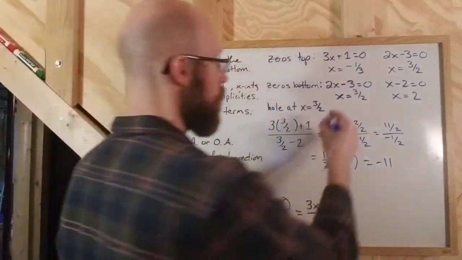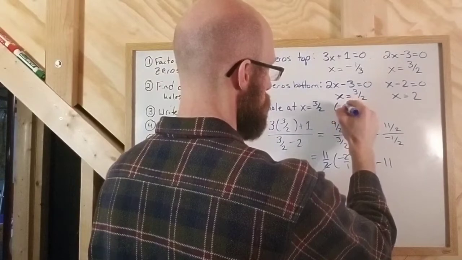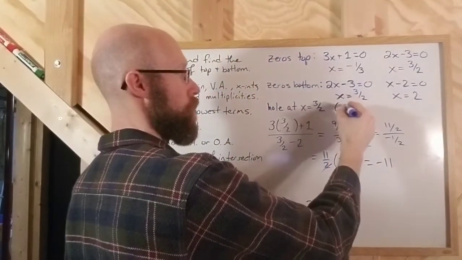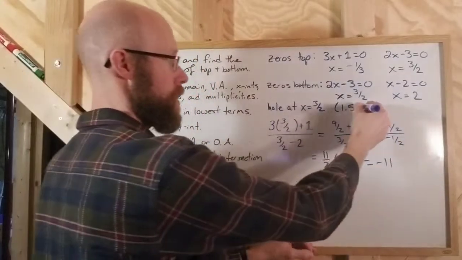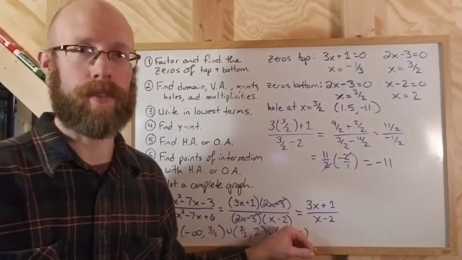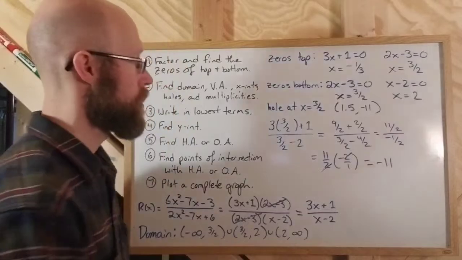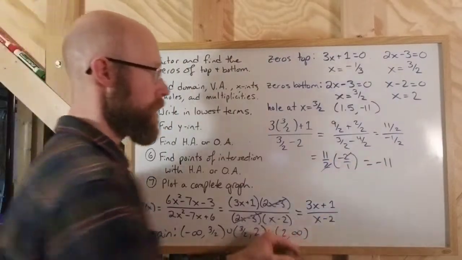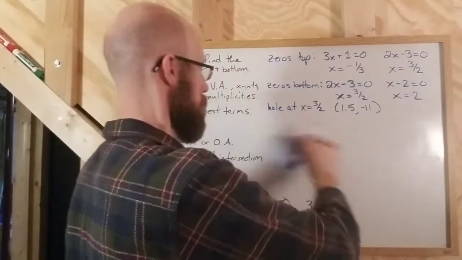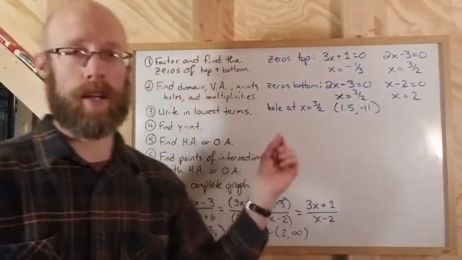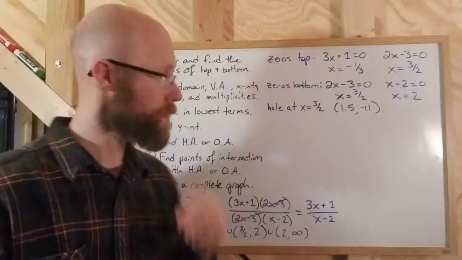So the hole is going to be at the ordered pair 3/2, or 1.5, comma 11. Oh, negative 11, sorry, negative 11. Okay, so that's all my work to get the ordered pair for the hole. So that's the point that's actually removed from the graph.